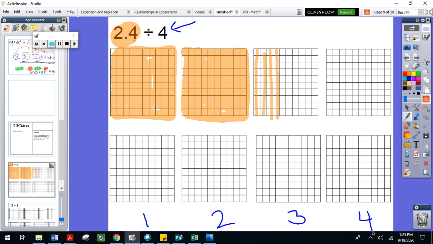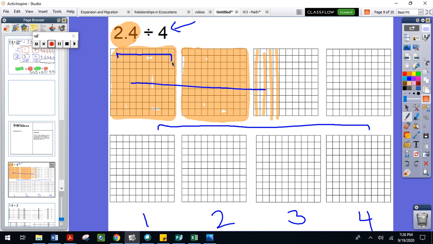So I'm going to equally split what's in orange up here between the 4 flats that I have down here. Now, in order to do that, what I need to realize is that in each flat, there are 10 columns. So that one has 10.